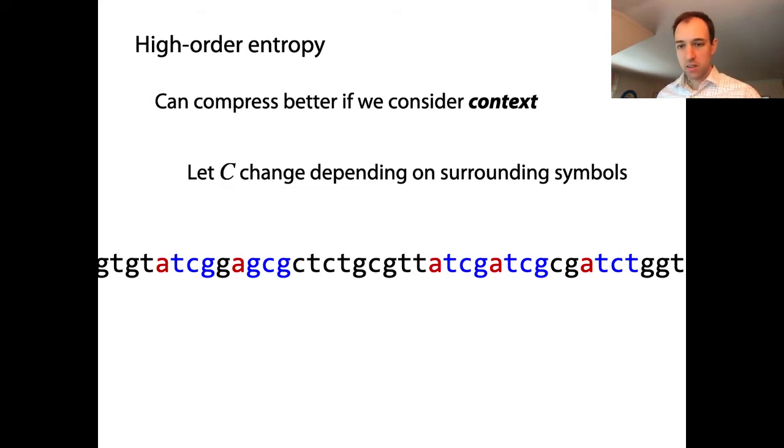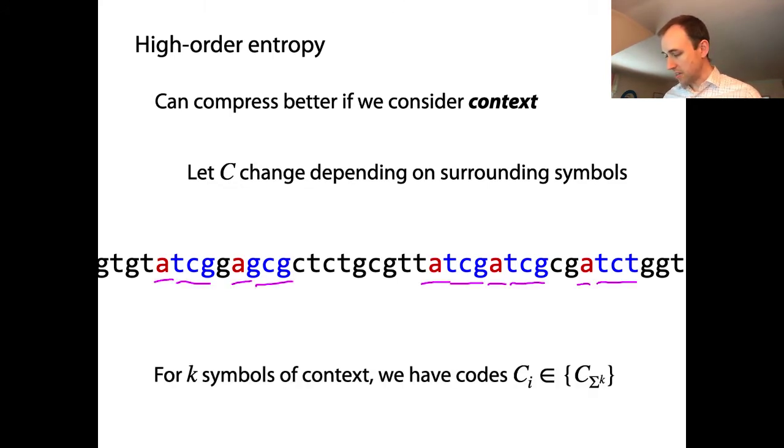All right. So I've got my A's, and I've got my right context, TCG, GCG, and here's TCG again, and here's TCG again, and here's TCT. The idea is we're actually going to have different codes for different contexts.